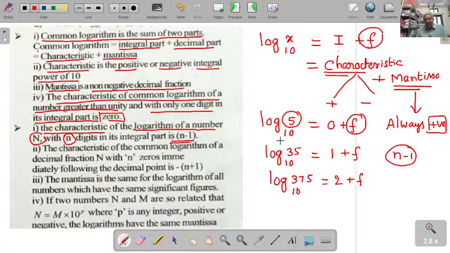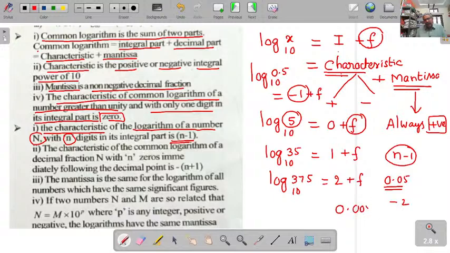For example, sometimes the number may be less than one, like logarithm of 0.5 to the base 10. Its characteristic is negative: you will be getting negative 1 plus the fractional part, so the characteristic is negative 1. For example, 0.05, its characteristic is negative 2. 0.005, its characteristic is minus 3.